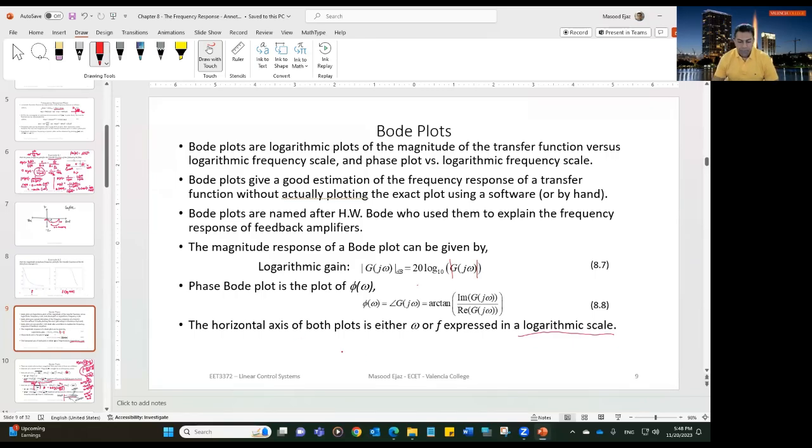And the phase Bode plot, which we are going to discuss today, is simply the Bode plot of the phase of G(jω), which is calculated as the arctan of the imaginary part of G(jω) over the real part of G(jω).